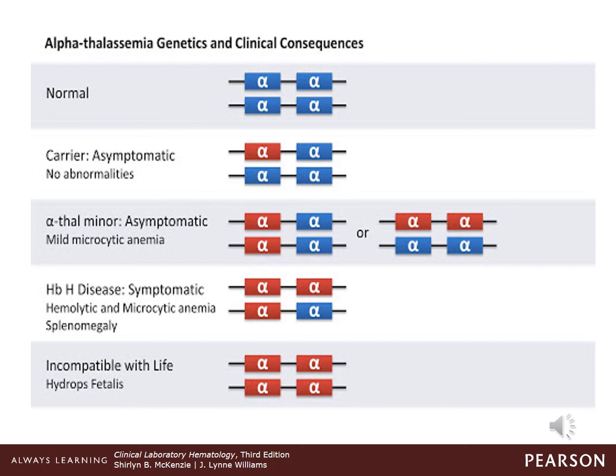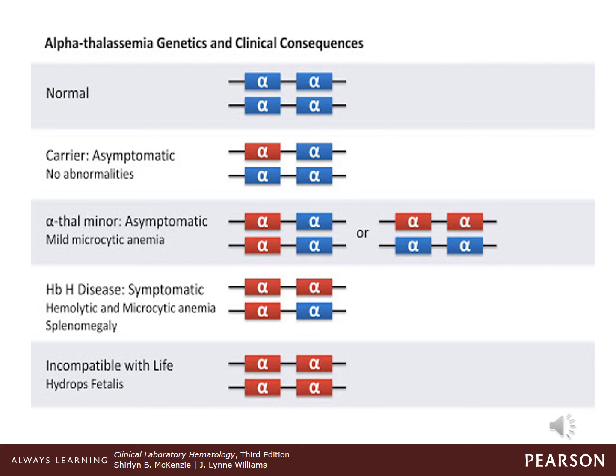But as more of the alpha chains are affected, you start to see some mild microcytic types of anemias. And again, they're classified based on their increasing severity.